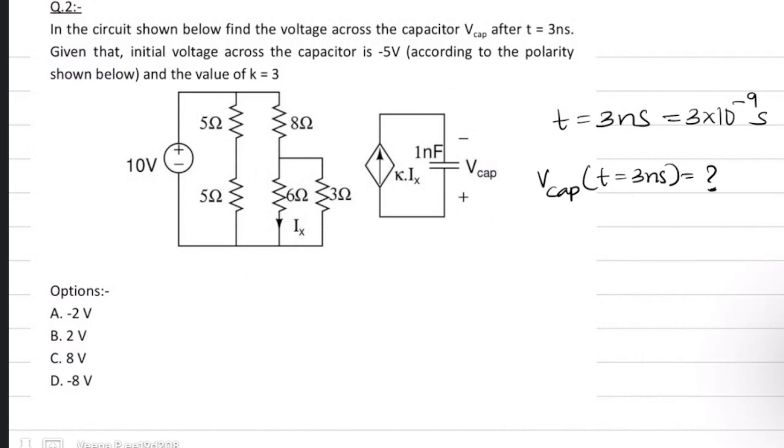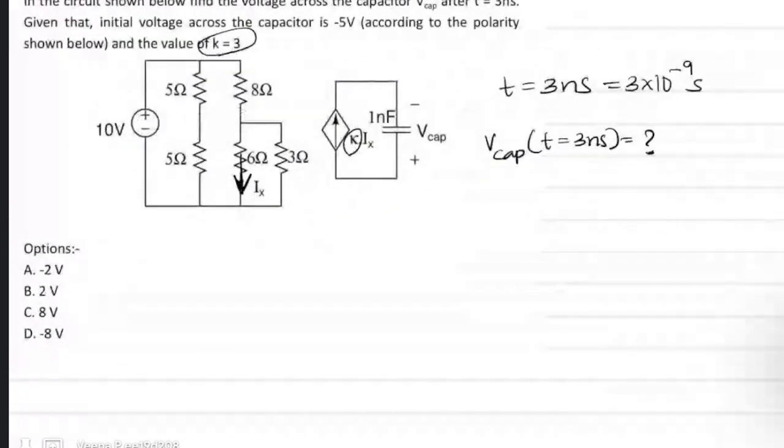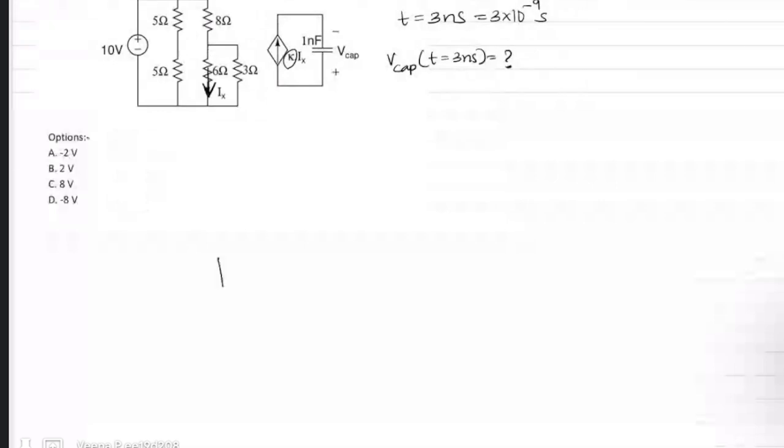For that, you should know what is the value of Ix first, because the value of k is already given as 3. So the value of Ix is the current flowing through the 6 ohm. So let us solve Ix first. Let me redraw the circuit.